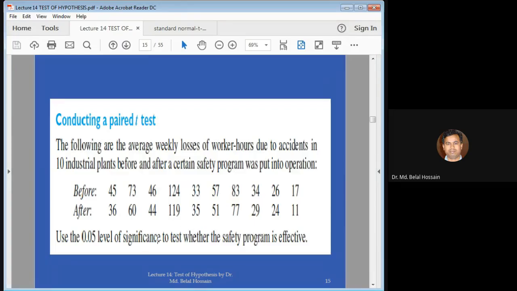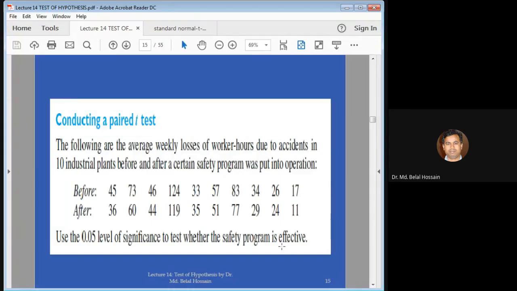They are saying test whether the safety program is effective, whether that safety program is working, that is, whether the after value is better than the previous one. So we have to test whether mu d is greater than 0. So get some paper and pen and write the first step: null hypothesis mu d equals 0, alternative hypothesis mu d greater than 0.